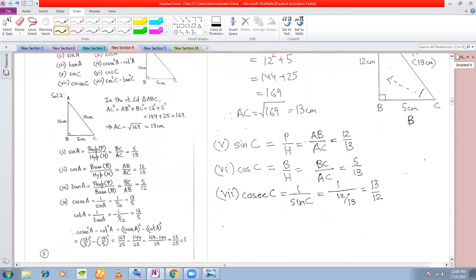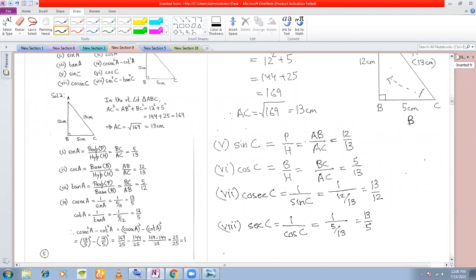And the eighth part of the question is sec square C minus tan square C. So let us first find out sec C. Sec C is 1 by cos C. 1 by 5 by 13 means 13 by 5.